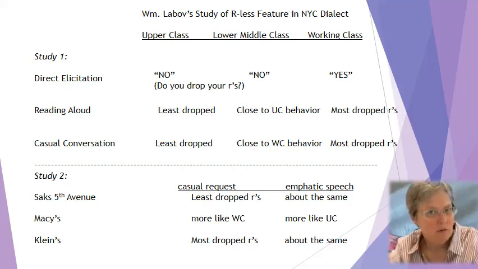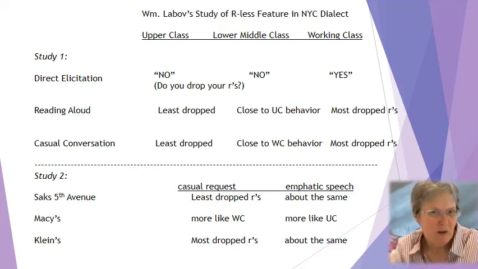The lower middle class in casual conversation dropped about as many R's as the working class. So isn't that interesting? They hypercorrected in reading out loud to try to approximate the upper group, but in everyday speech, everyday casual conversation, they dropped about as many R's as the working class.